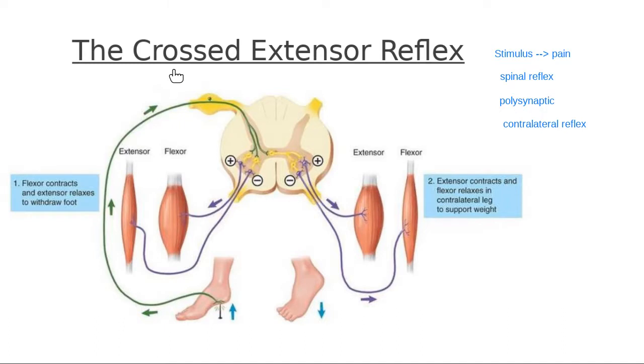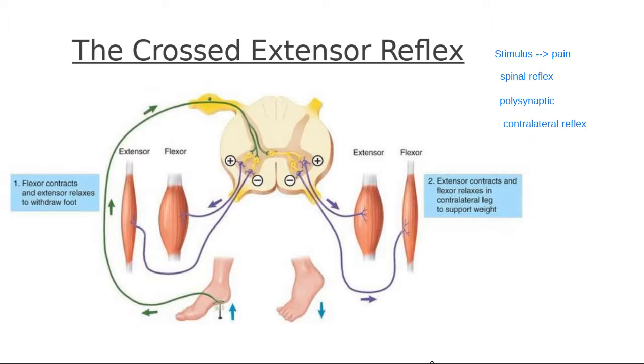So this was my one example of a contralateral reflex, and its name tells me that. It's a crossed extensor reflex. So here's my classification for the crossed extensor reflex, my one example of a contralateral reflex.